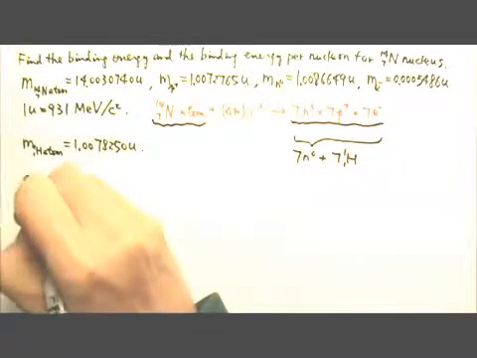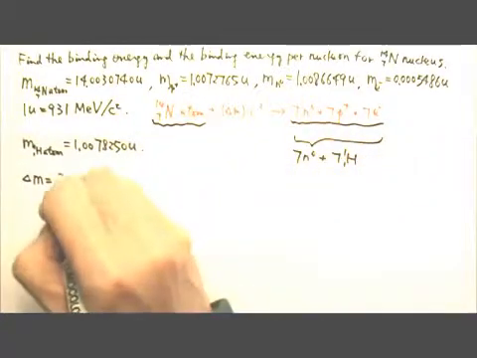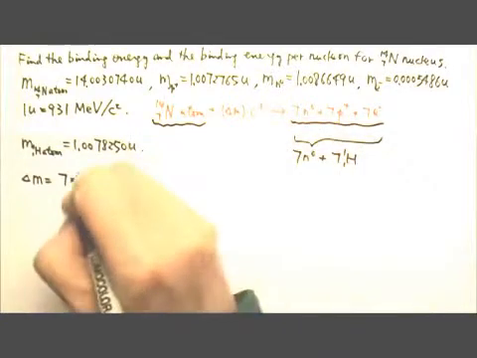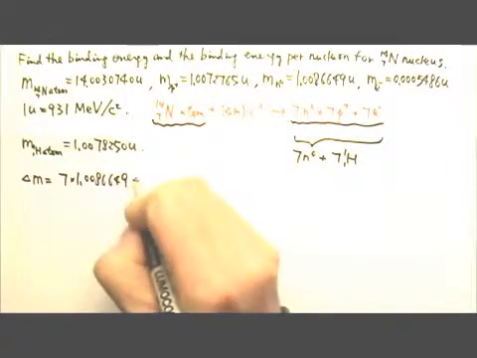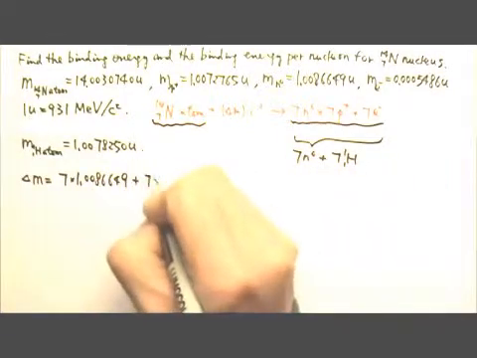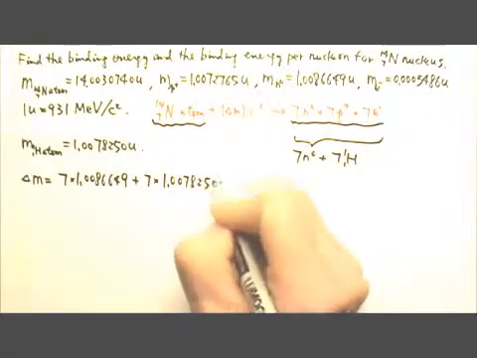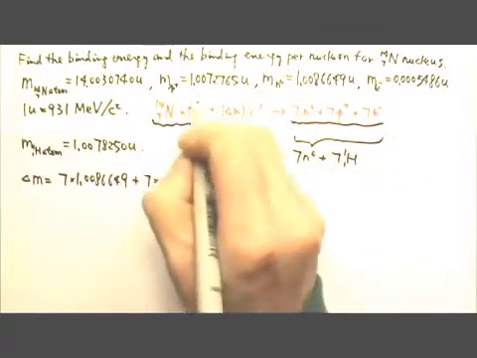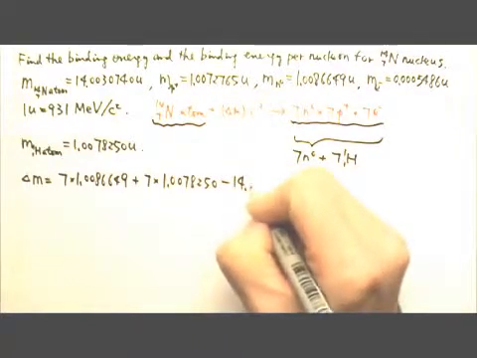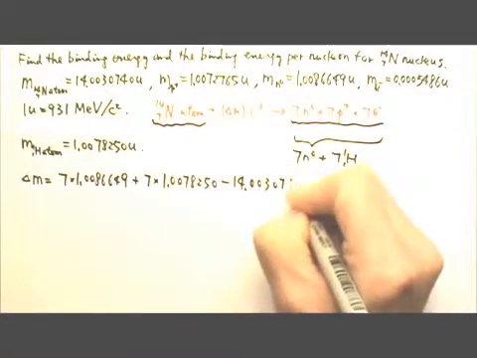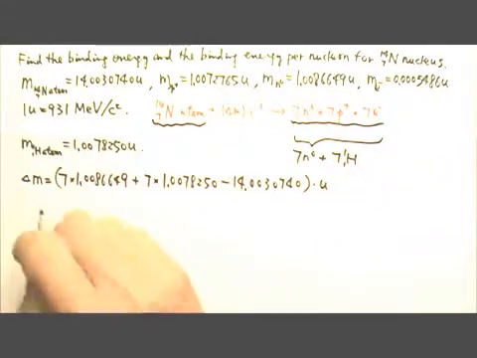So the delta M is still the heavier side minus the lighter side. So 7 neutrons, 1.008664 U, plus 7 hydrogen 1,1s, 7 times 1.007825, minus the nitrogen atom, which is 14.0030740, and of course I have to remember my U there.